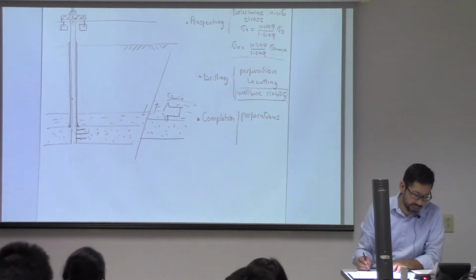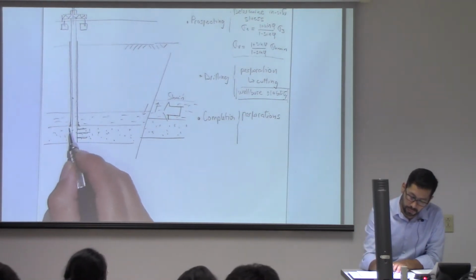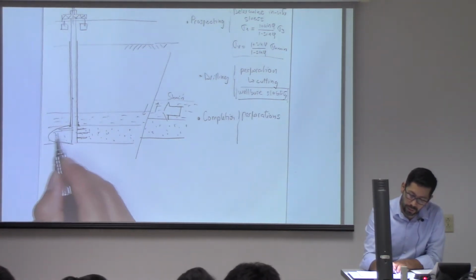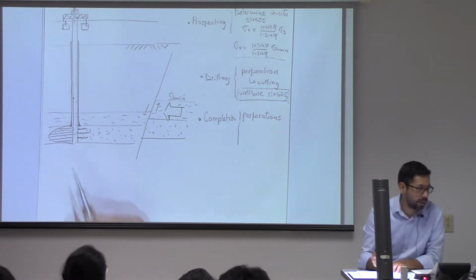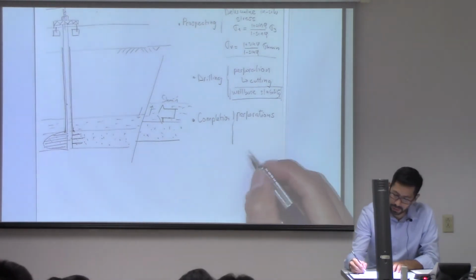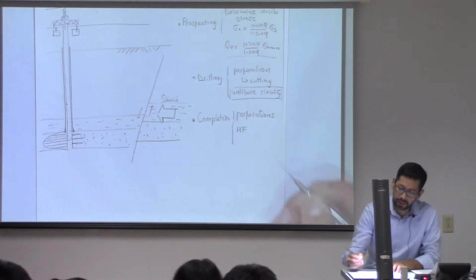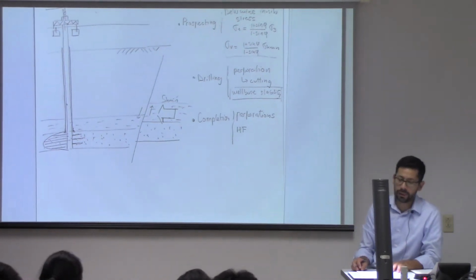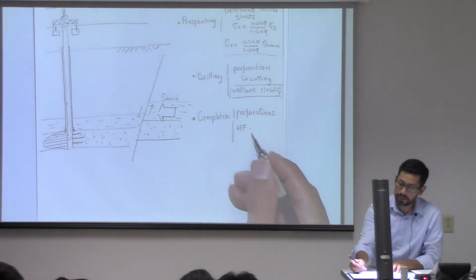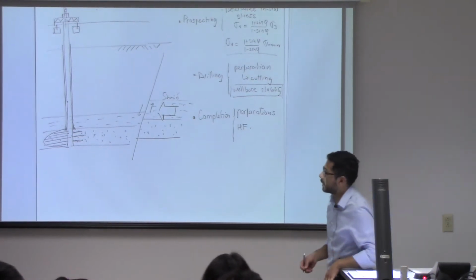So we could do perforations, or we could also, if you want to really bypass that region, do a hydraulic fracture. Hydraulic fractures have been done for over, I don't know, 60, 70 years more or less, and it is a very common practice.